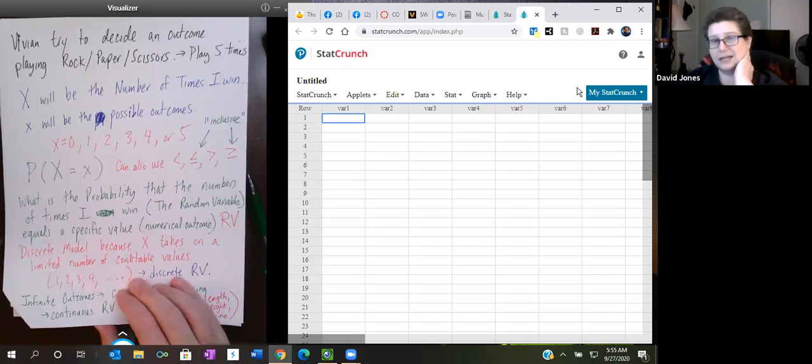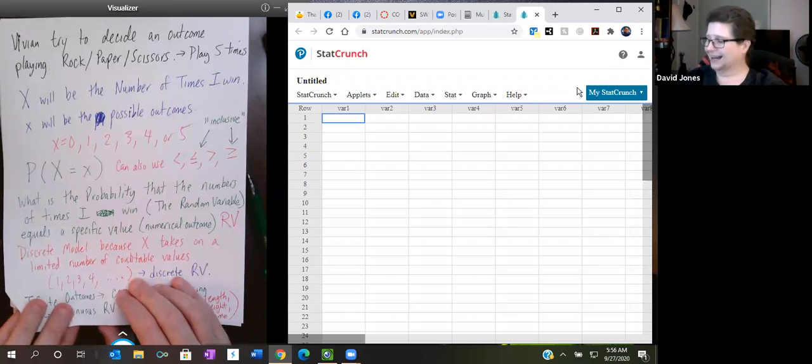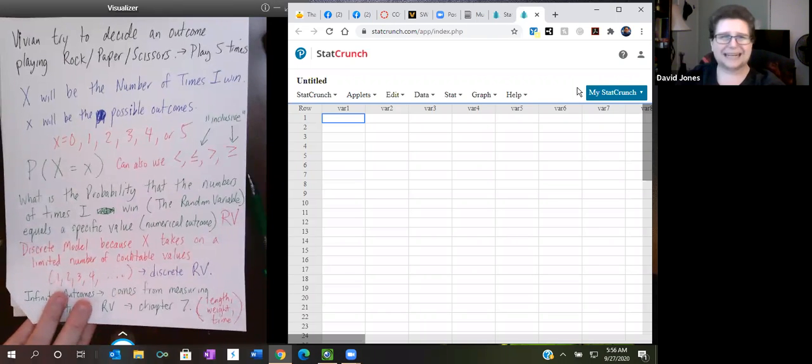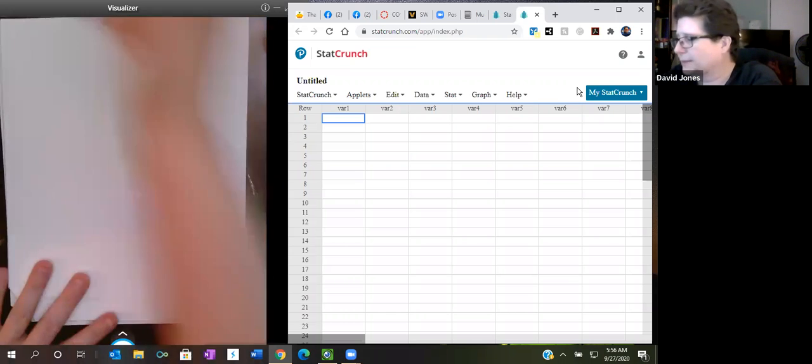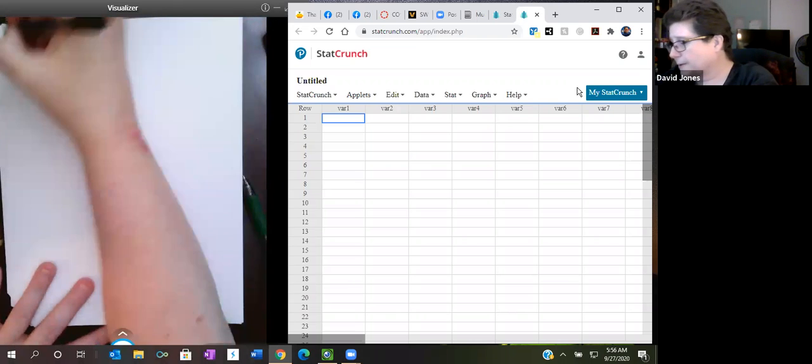It's fixed. No matter what one I throw, rock, paper, or scissors, there is one value that beats it, and there's one value that it beats. So it's 50-50, 0.5 for each. And it meets the requirements of the binomial. We'll come back to that. But not all probability distributions meet that. So let's just look at probability distributions in general.